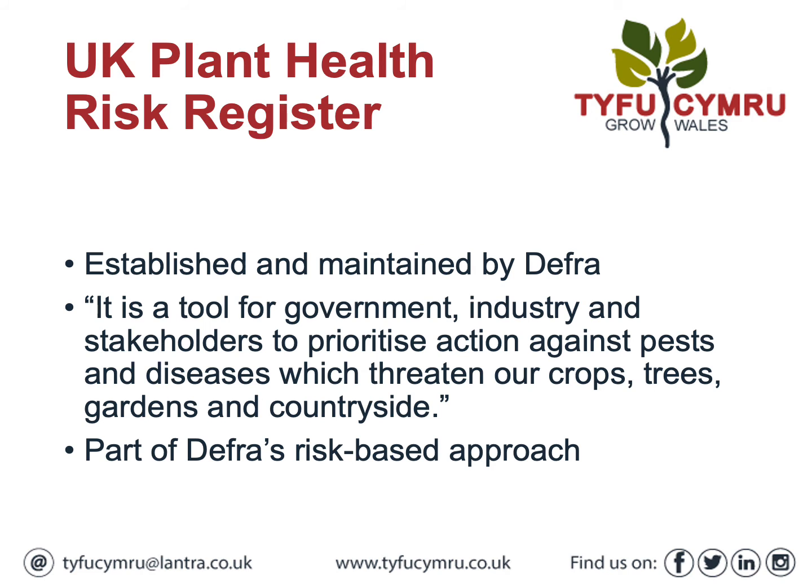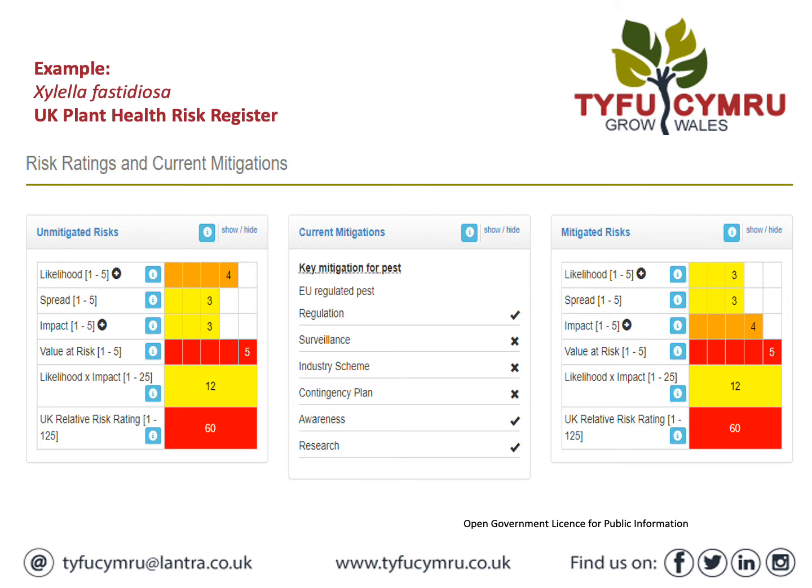It's described as a tool for government, industry and stakeholders to prioritise action against pests and diseases which threaten our crops, our trees, gardens and our countryside. Now, I've given an example here of a page in the Plant Health Risk Register just to explain its opening and some of the information that you get access to.